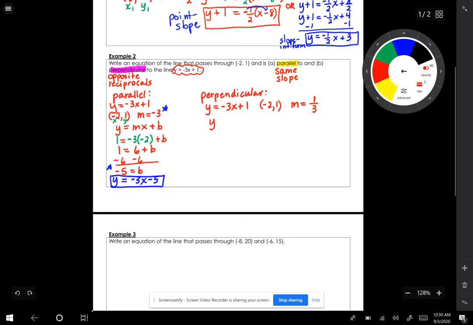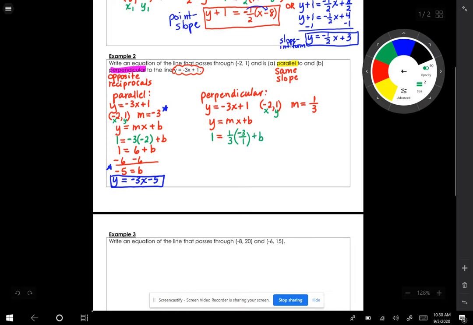Okay, so y equals mx plus b. Again, this is x, this is y, and we are just going to plug in those numbers. So 1 equals, this time we're going to use 1/3 for m, and x remember is 3, or I'm sorry, negative 3, so you can just write it as negative 3 over 1 plus b.